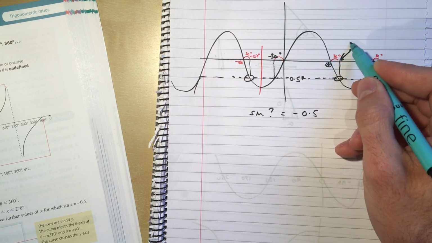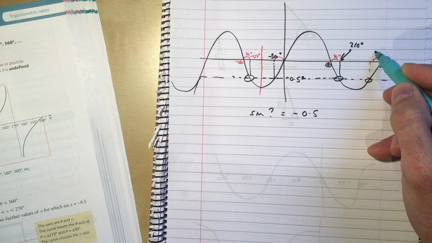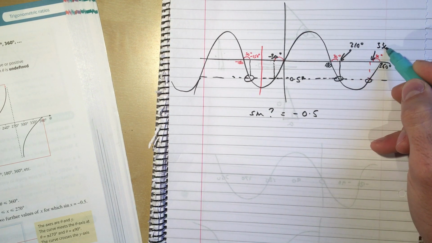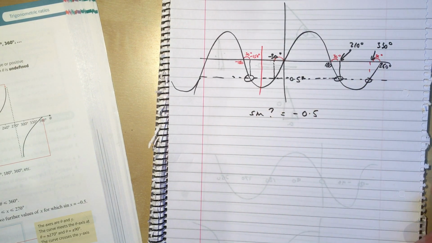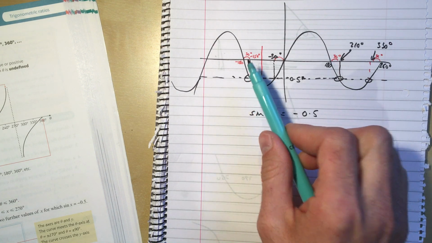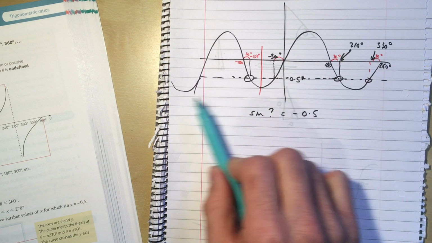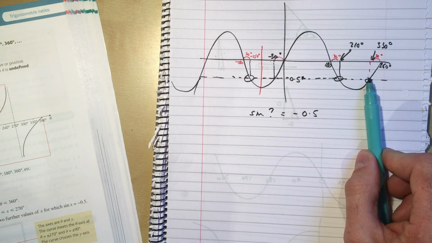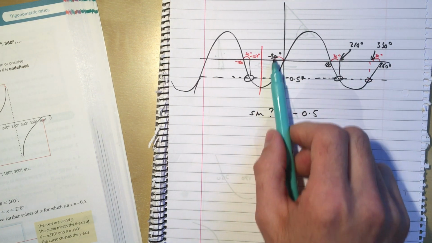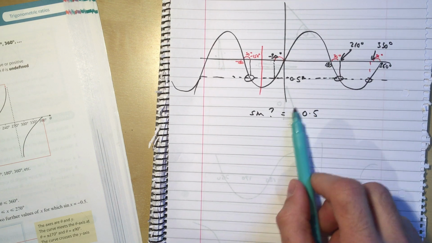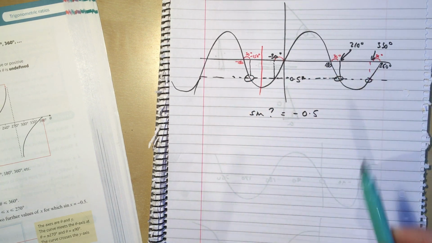So this must be 210 degrees, and this must be 330 degrees. So just using the shape of the graph tells me that the sine of minus 150 is the same as the sine of minus 30, is the same as the sine of 210, is the same as the sine of 330. The question tells me that the sine of minus 30 is minus 0.5, so the sine of all of those different numbers is minus 0.5.